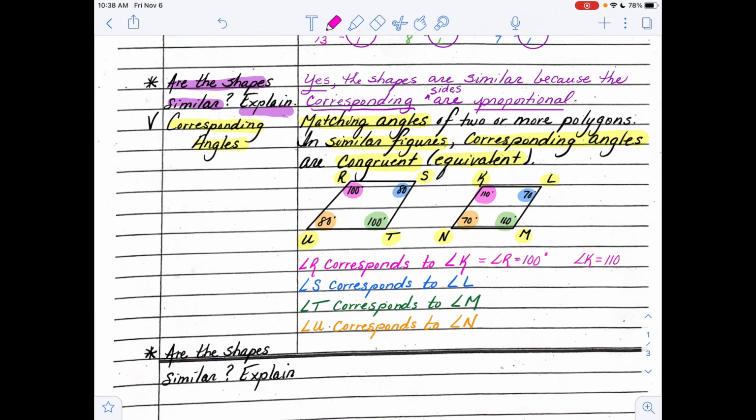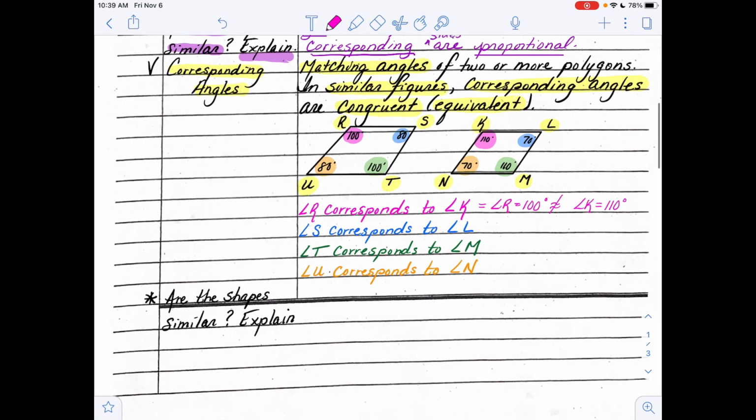But in the diagram, I can see it's 110 degrees. That means these are not equivalent. They are not congruent. And the minute I can see just one angle not congruent, I automatically know that they might look about the same shape, but they actually are not the exact same shape.